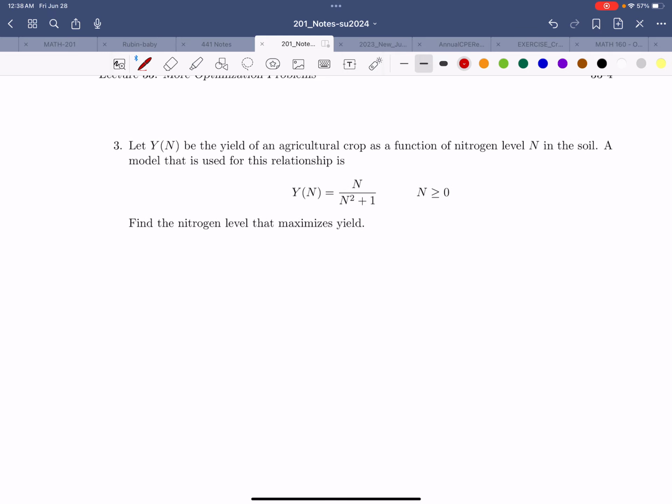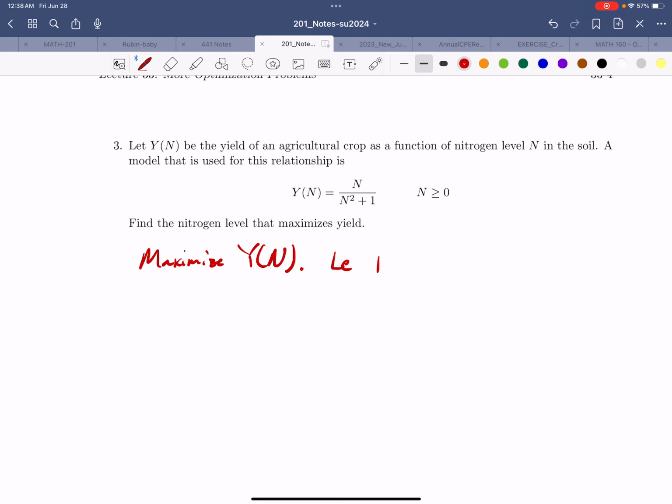So now here we get to the ones where I was like, look, they give us the function that they want us to maximize. Maximizes yield, right? We're trying to maximize y. We don't even need a constraint here because we already have the equation. So maximize y of n.